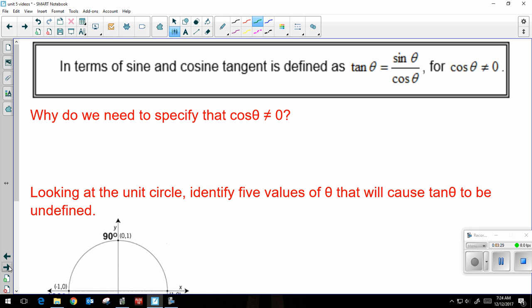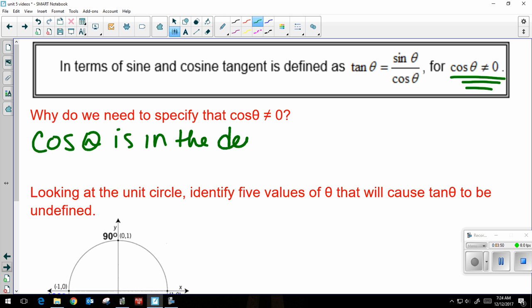So in terms of sine and cosine, tangent is defined as, we just said, tan theta equals sine theta over cosine theta, for cosine theta does not equal 0. Why do we need to specify that cosine theta cannot equal 0? Well, cosine theta is in the denominator. And we know from previous units, you can't divide by 0.